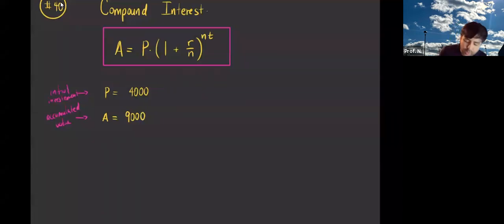And it says the interest rate is 7.5%. But of course, I'm not going to use 7.5%. I'm going to transform it into a decimal. I do so by moving the decimal place to the left by 2 places. So then my decimal version of it is 0.075. So that's the annual interest rate.